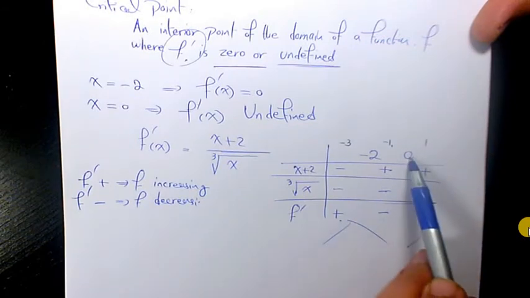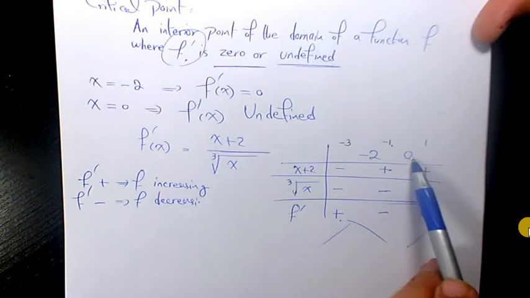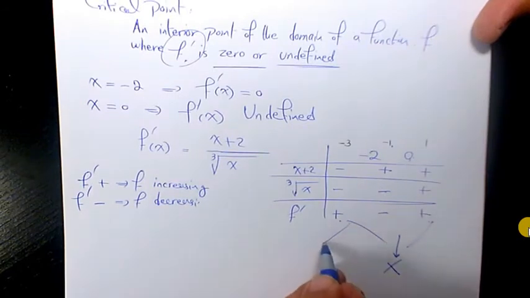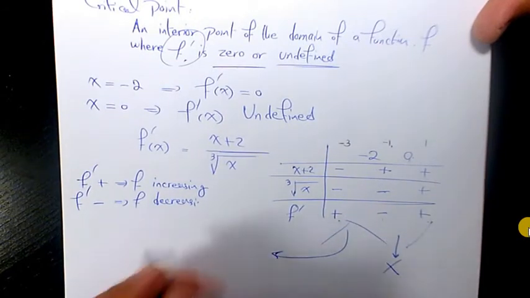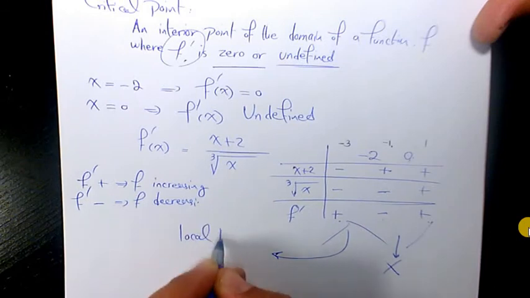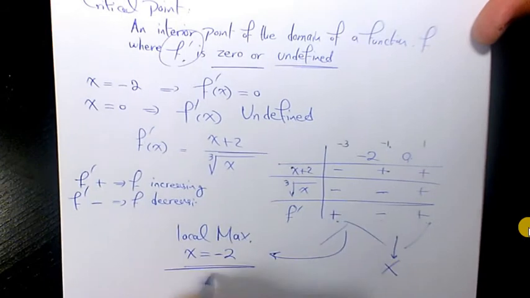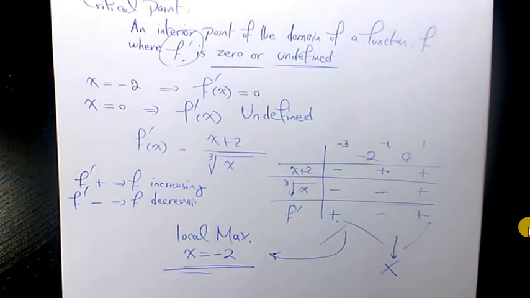But here at 0 it is going to be undefined, so we don't have a local minimum or maximum there. But since it's increasing and then decreasing, we have a local maximum at x equals to negative 2. So we have only one local maximum, which is going to be at x equals to negative 2.